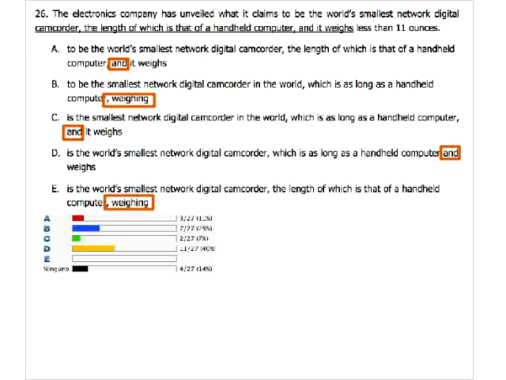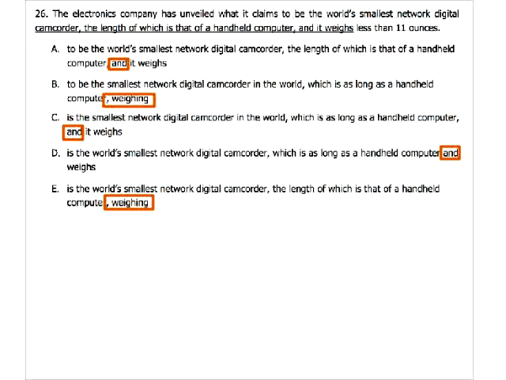What's going on, tell me in the chat box, what's going on in B and E here? What are those? They replaced and it weighs with a comma plus ing construction. What is happening there? Tell me a story about that.